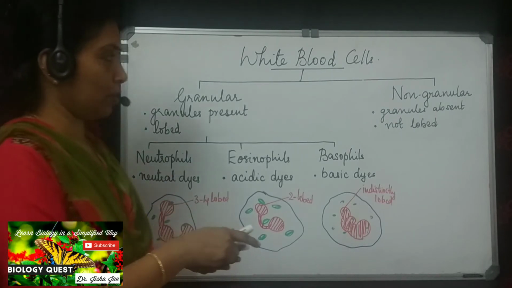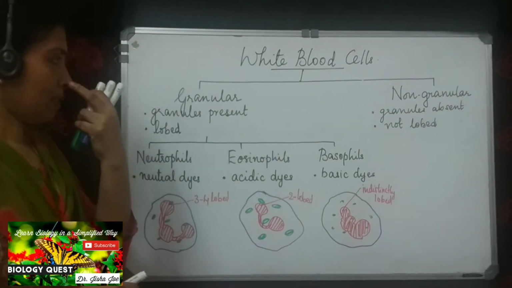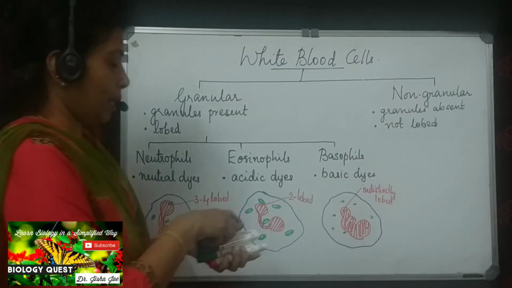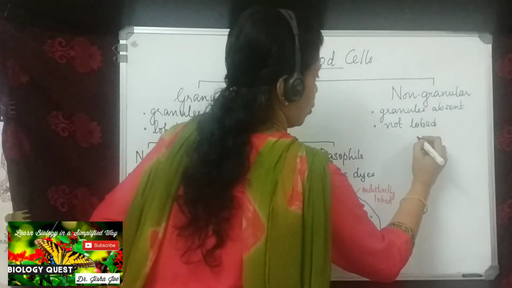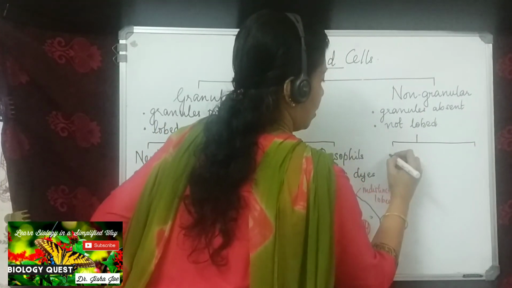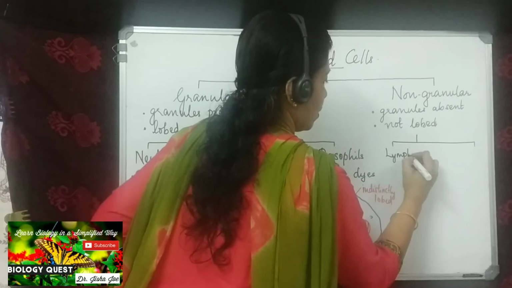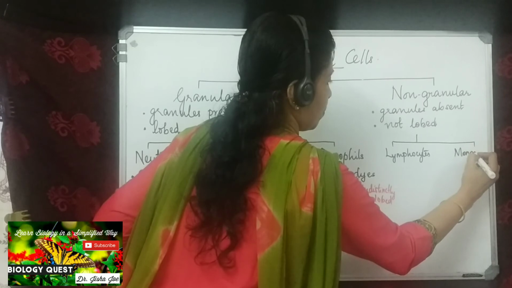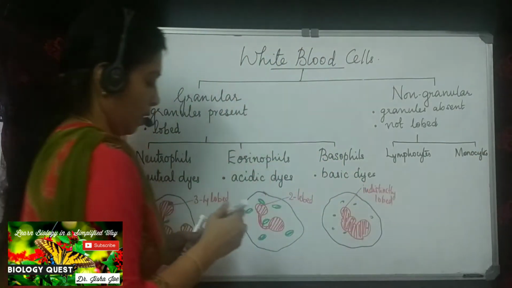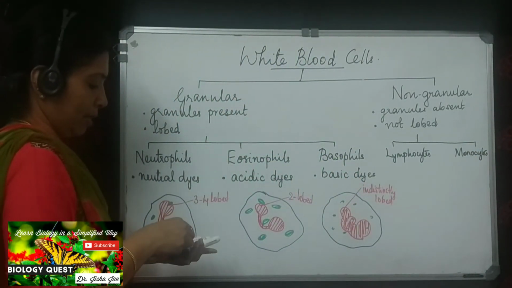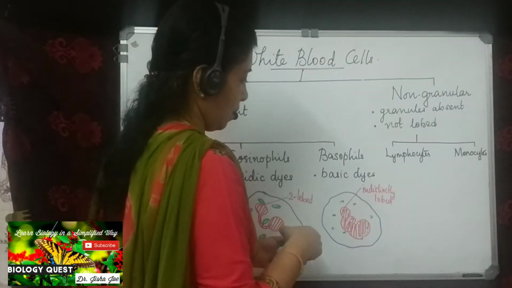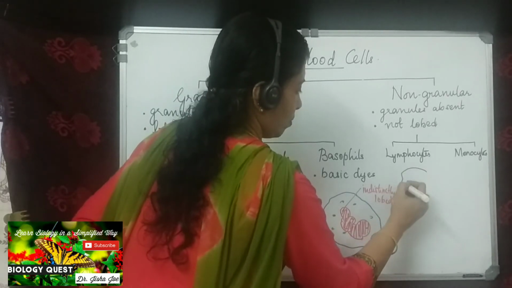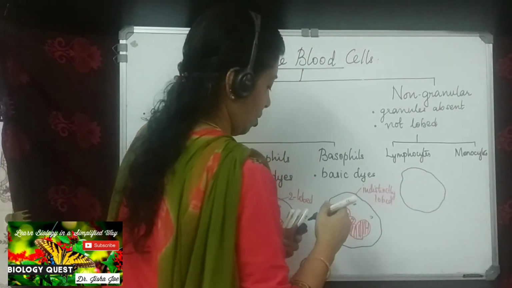Now when we go on to the non-granular WBCs, we have already seen the nucleus is not lobed. The non-granular WBCs are classified into 2: the lymphocytes and the monocytes. Now I am going to draw the lymphocyte.